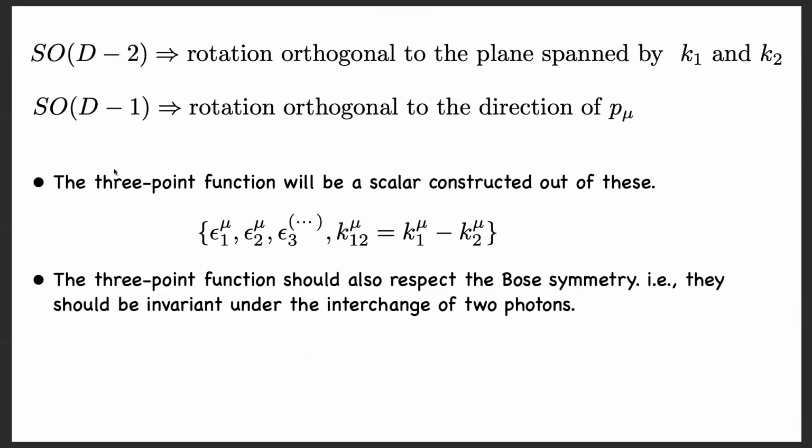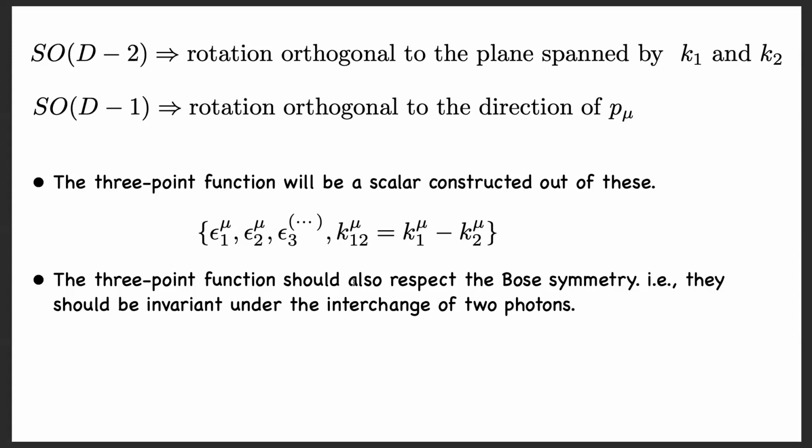So the only independent things that I have are the polarizations of these two photons, or more precisely the polarizations orthogonal to K1 and K2 of the photons, and the polarization of the massive particle. And I have to construct a scalar out of these quantities. In this case I have two photons, so they should satisfy Bose symmetry.